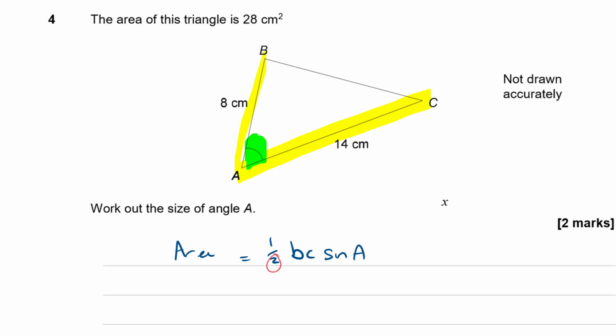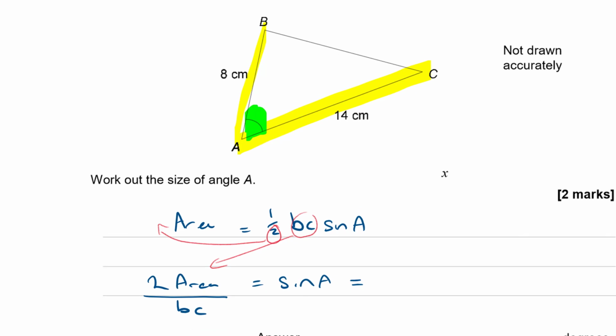And so, moving this 2 up here and the BC down, we're going to get sine A is equal to 2 lots of the area divided by BC, which is equal to 2 lots of 28 divided by 8 times 14.